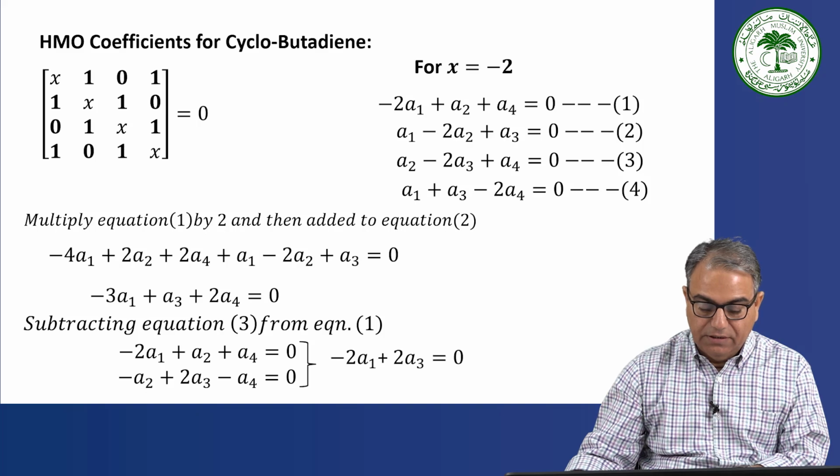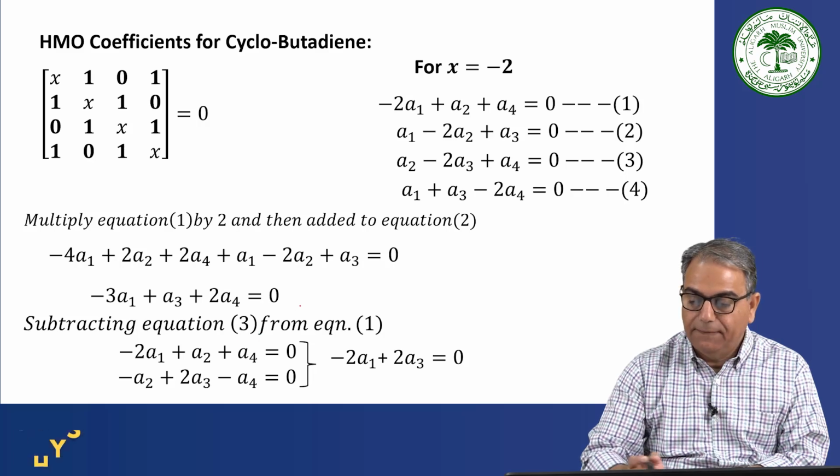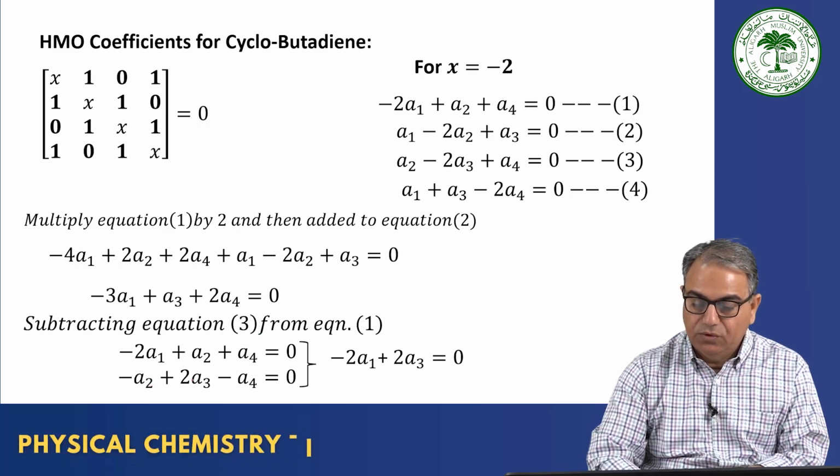So what do you get? You get minus 2a1 plus 2a3 is equal to 0. Wait, a4 and a4 will go. And then it is minus 2a3, so it will become plus, and it's equation number 3. So minus a2 plus this one and minus this one. We have subtracted, so the minus sign will go.